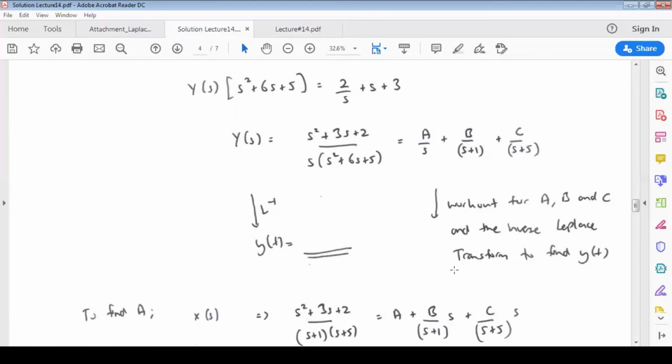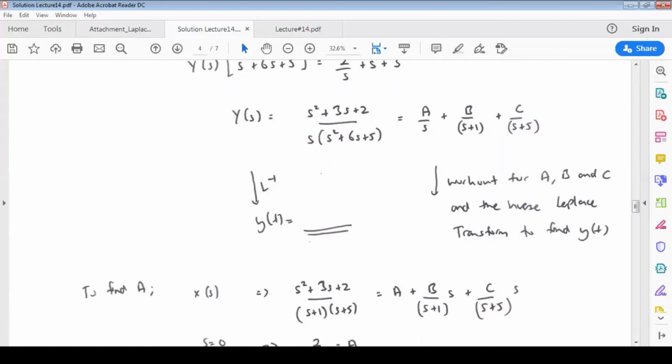Okay, so in this example, I'm very generous to give you the answer to work out A, B, and C. To find A, let us proceed with the partial fraction topics that we have learned in the previous lecture 13. To find A, we have to multiply both sides, left and right, with s.